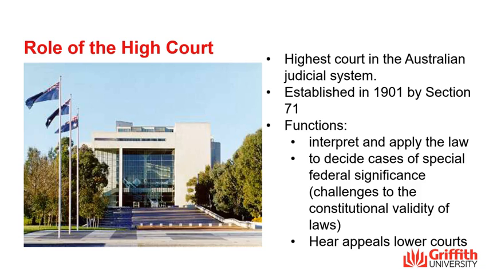In addition, there are offices of the High Court Registry in Sydney and Melbourne, staffed by officers of the High Court. In Adelaide, Brisbane, Darwin and Perth, the registry functions are performed on behalf of the High Court by officers of the Federal Court, and in Hobart, they're performed by officers of the Supreme Court of Tasmania on behalf of the High Court of Australia.